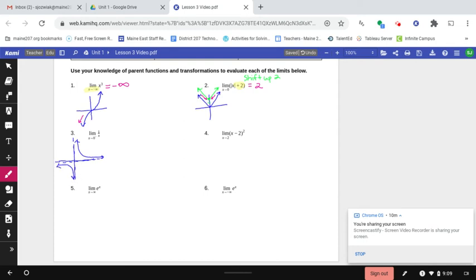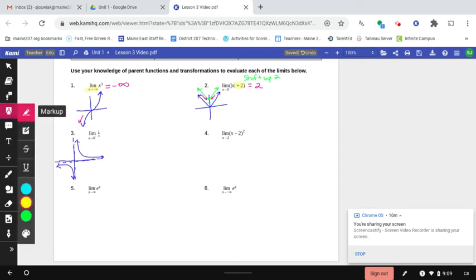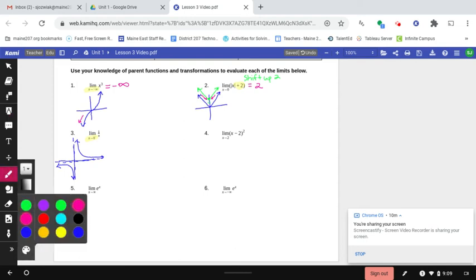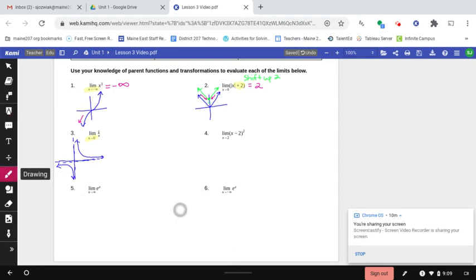So this is what the basic inverse function looks like. Now we're looking at approaching 0 from the left, which means to the left of 0, what is happening with our graph? So we're looking at what's going on over here. And this is heading off to negative infinity.